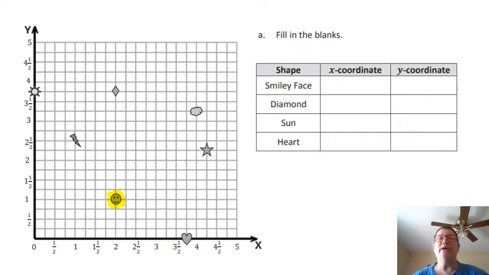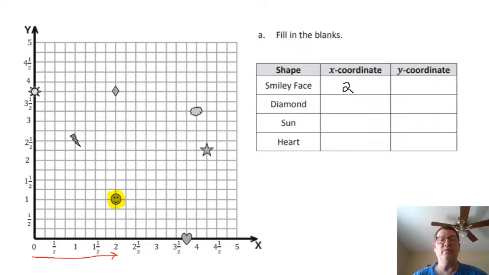Now we're wanting to find the coordinate pair for it. So for the x coordinate, we come across, we see how far on the x-axis it went. And you should say that it came over 2 places. So our x coordinate would be 2.